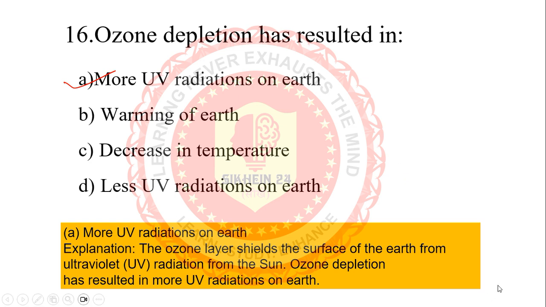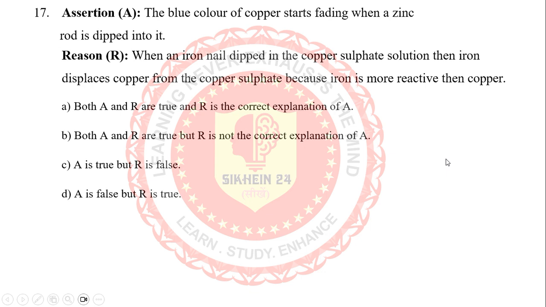Next question we can see on the screen. You can see here is the assertion: the blue color of copper sulfate starts fading when a zinc rod is dipped into it. The blue color starts fading, the color starts going, when a zinc rod is dipped into it.